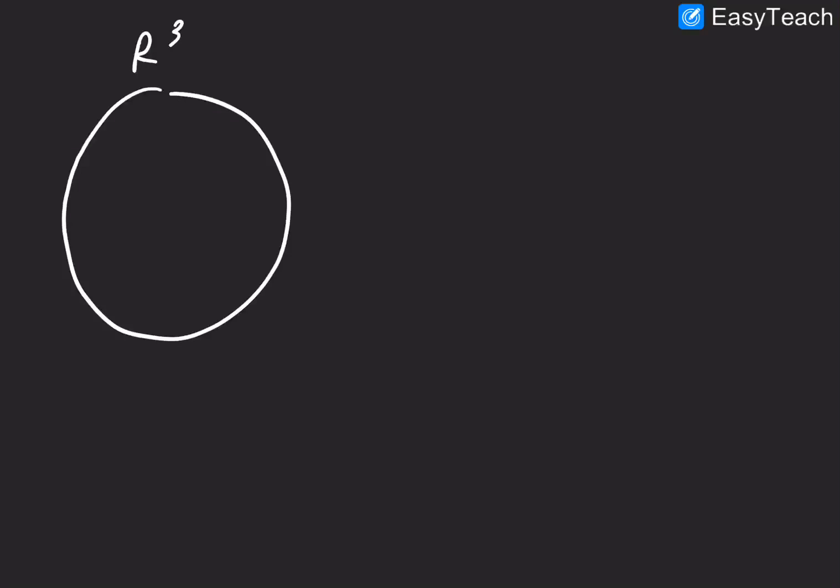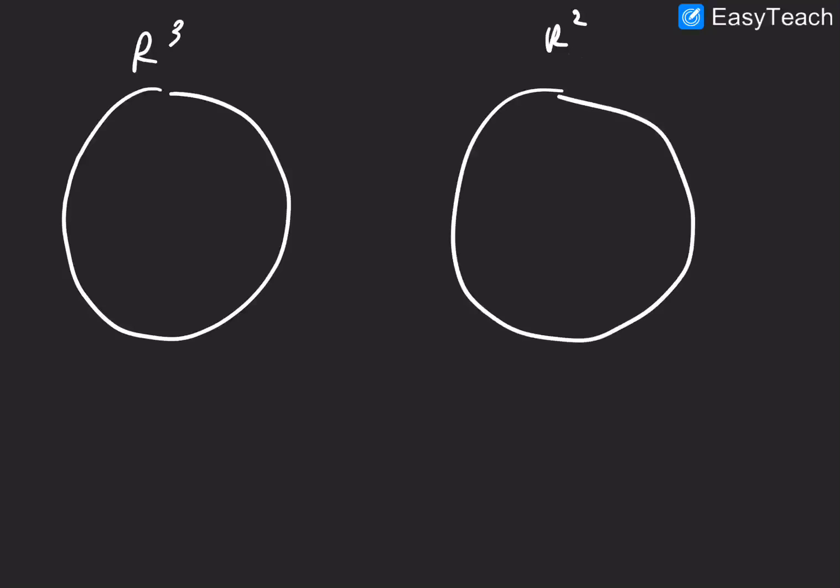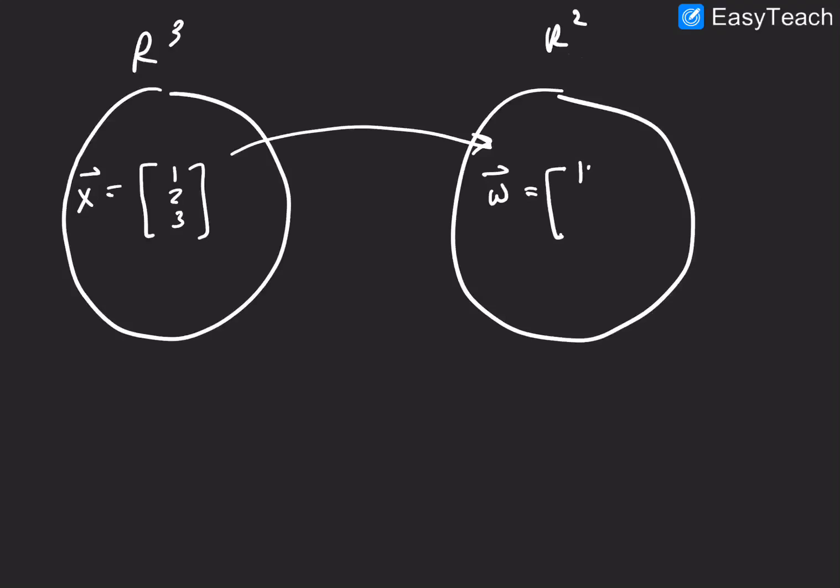So let's look at an example where we have an R3 and an R2, and we want to transform that. We have this domain x vector, which is 1, 2, 3, and this codomain vector w with 14, 11.